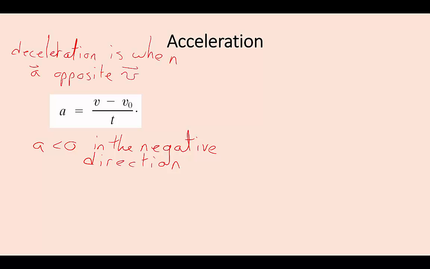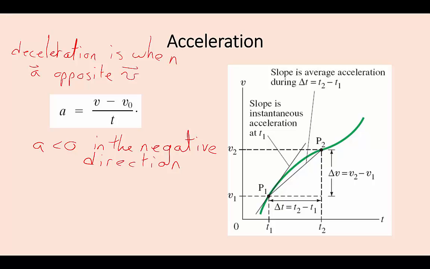We can also look at this from a slope perspective. If we have a velocity versus time graph, then the slope is the instantaneous acceleration at t1 if we look at the slope of the tangent line here. Or we can look at the straight line between p1 and p2 here and get the slope of that, and that would be the average acceleration.